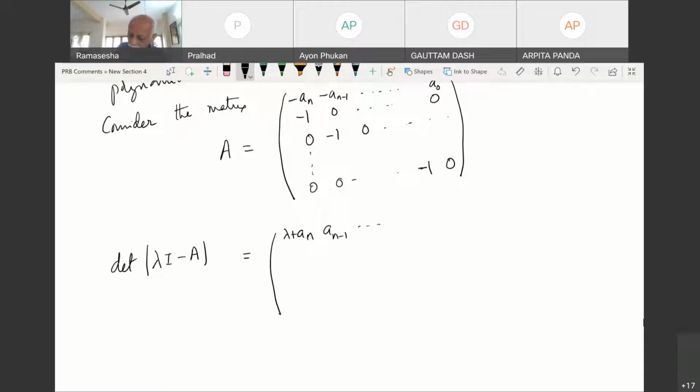Then I have a minus 1, then I have minus lambda 0 minus 1 minus 1. Then I'll have a minus lambda here 0, so on until I have, sorry, mistake.